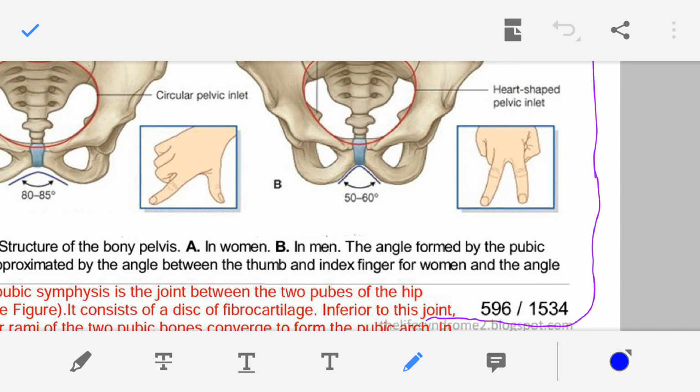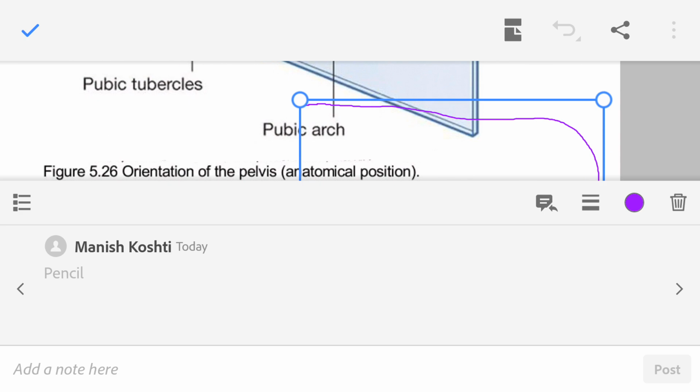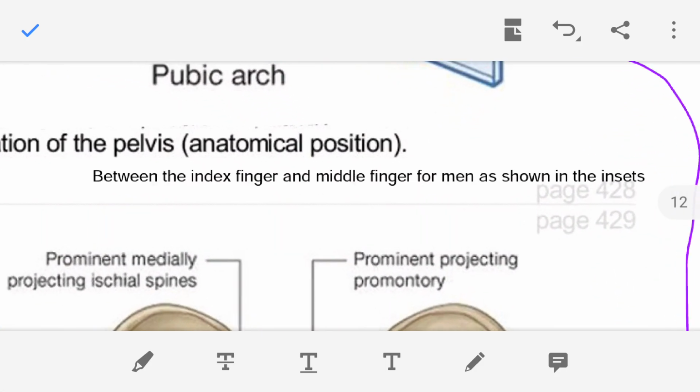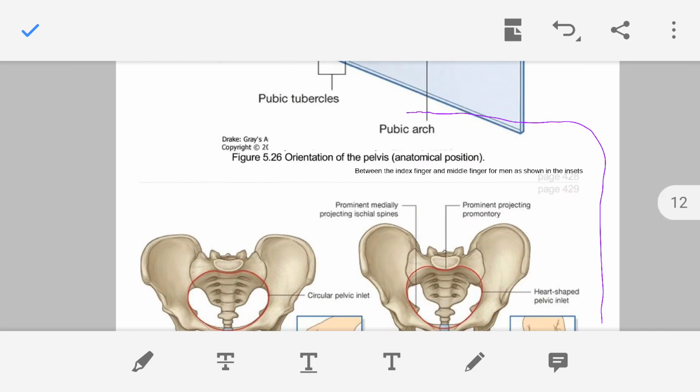And in men, the measurement for the pubic arch is between the index finger and the middle finger.